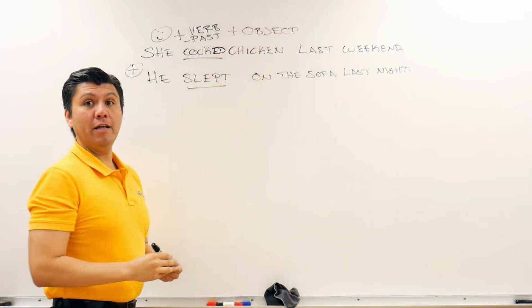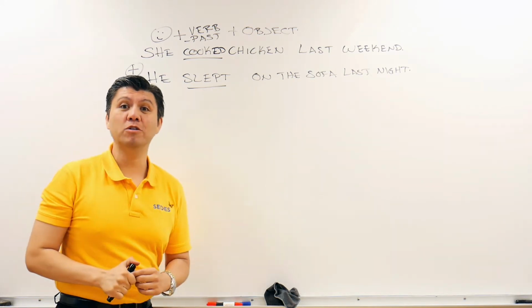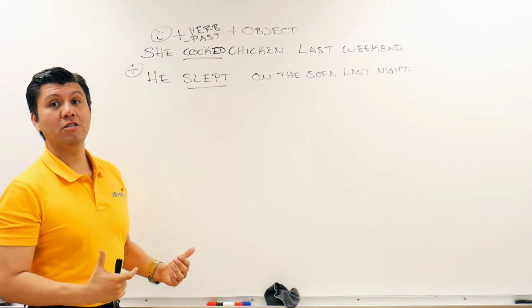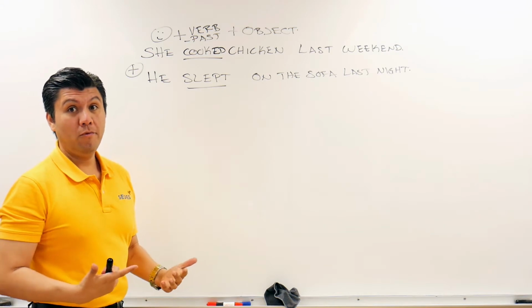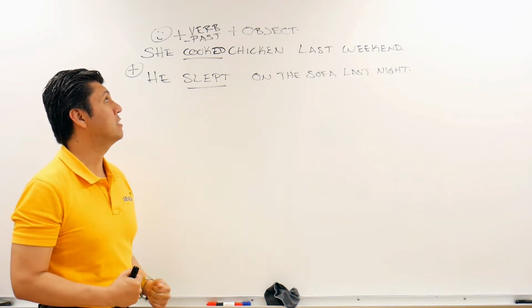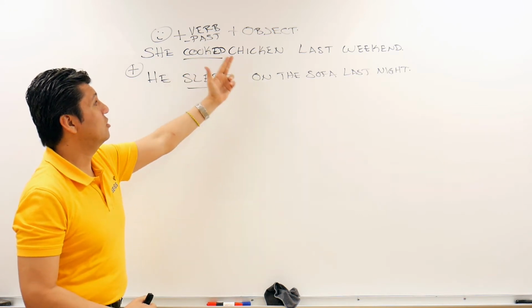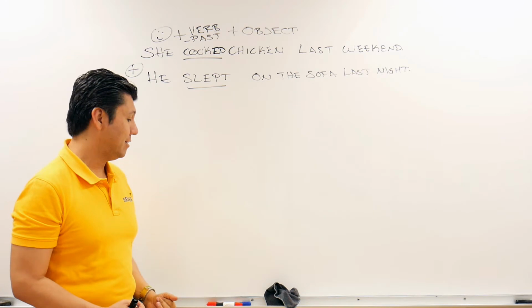Okay, simple. That's only 3 steps that you have to take into account when you make an expression in simple past. Who makes the action? The subject pronoun, the person. Then the verb. What is the action? And who receives the action? The object. So she cooked chicken last weekend. He slept on the sofa last night.